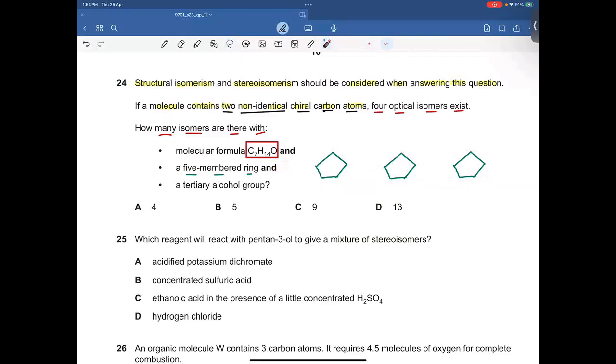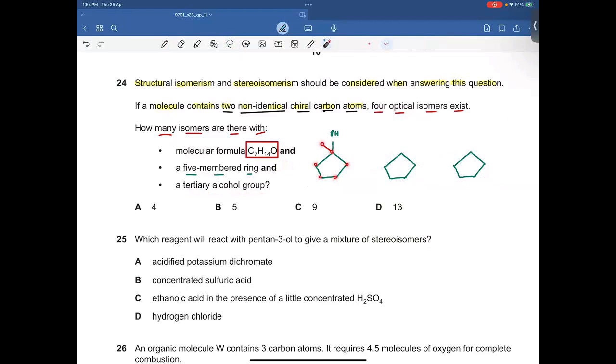We have a tertiary group. That means one OH group should be there. And since it must be a tertiary group, the tertiary carbon is attached to 3 neighbor carbon atoms. 2 neighbor carbon atoms are already there. We need to attach another one. So let's suppose this must be another alkyl group. How many carbon atoms do we have? 1, 2, 3, 4, 5, 6.